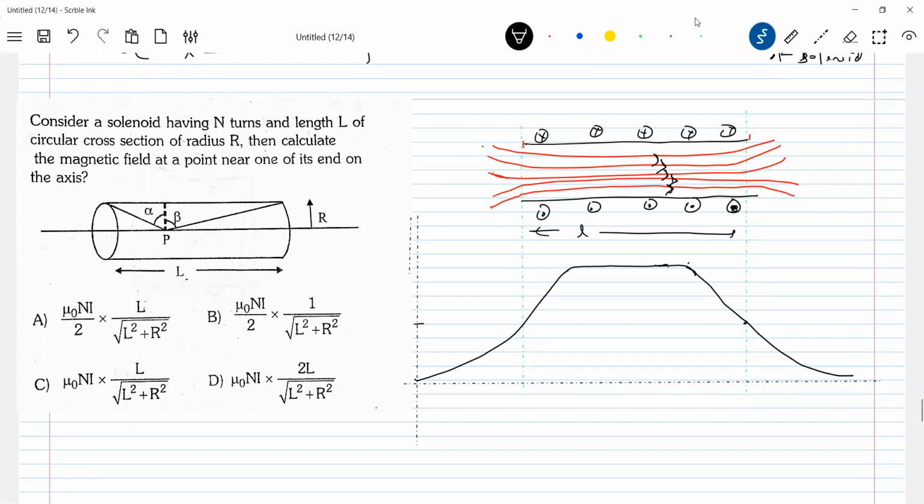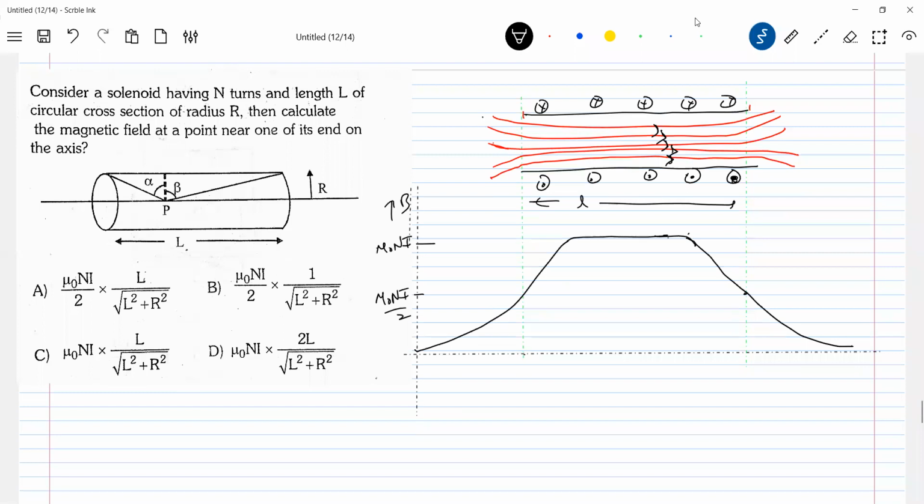So here, at the ends of the length of the solenoid, it will be mu naught n i by 2. Inside it will be mu naught n i. How can you say mu naught n i? Put alpha, beta. So what is the formula? B equals mu naught n i by 2 times sine alpha plus sine beta.